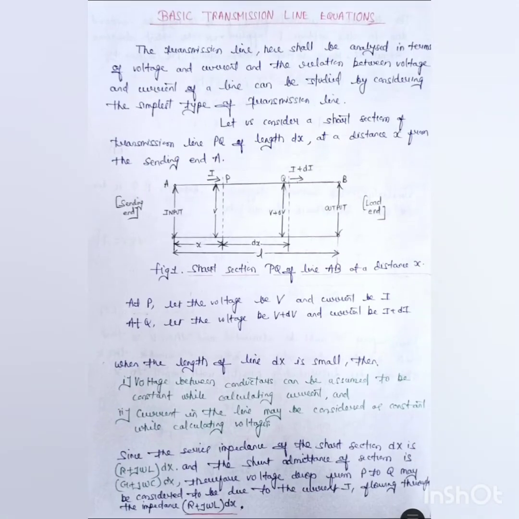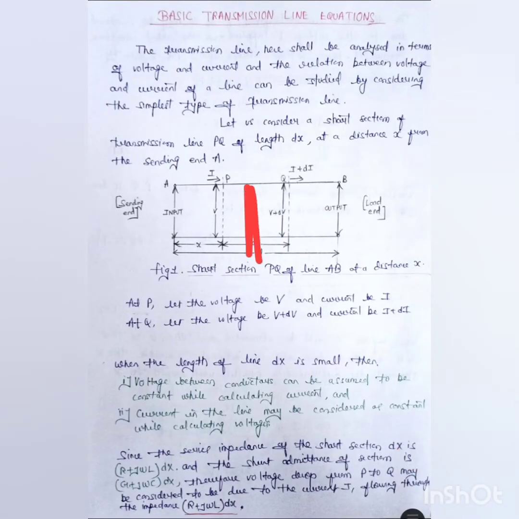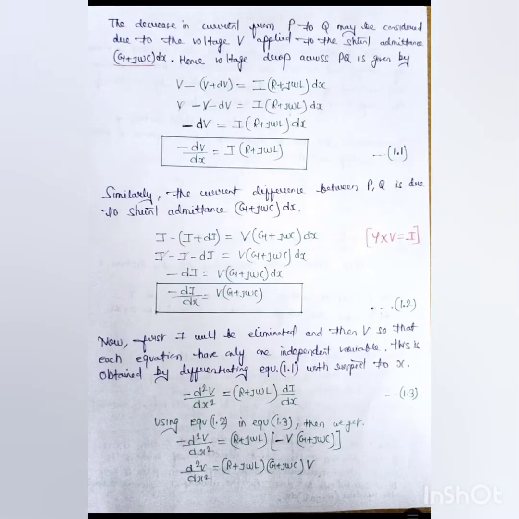While calculating the current difference between points P and Q, the voltage is responsible, and hence the voltage is applied in that case across the shunt admittance, which is present here and is nothing but j omega C. So all this theoretical part we must write in equation form like this.